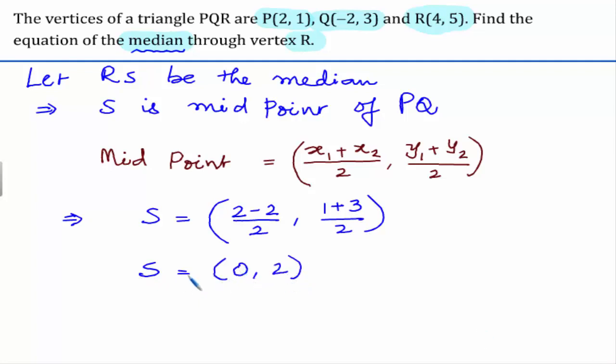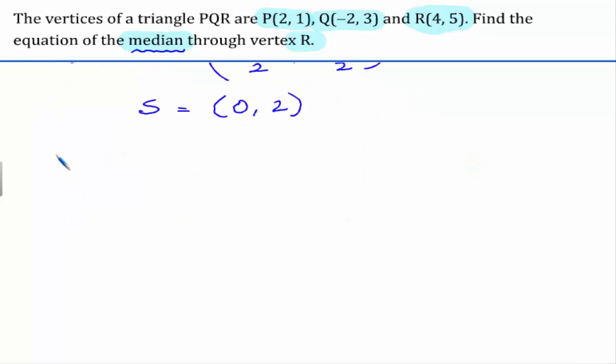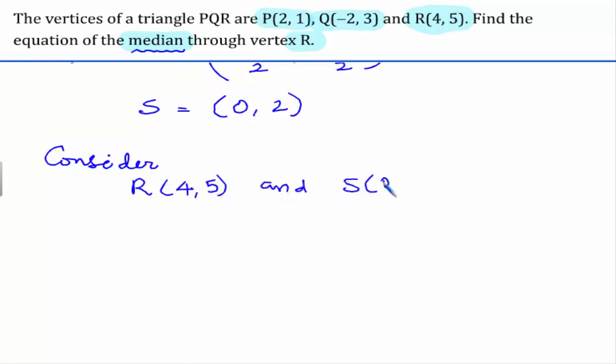Now we have to find out the equation of the median, that is RS is the median here. So let us consider the 2 points now. R is (4, 5) and S is (0, 2). Let us use the two-point form.